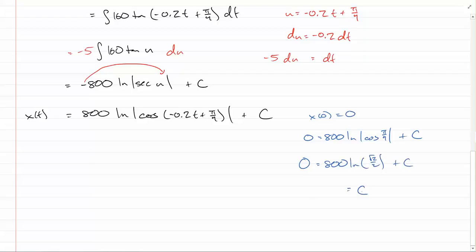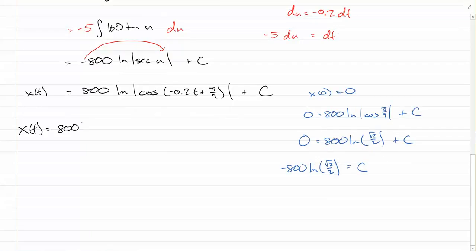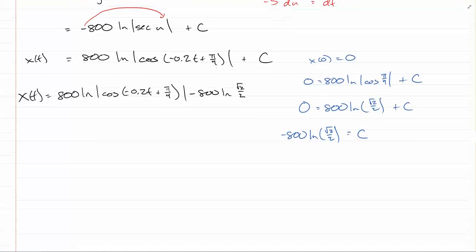So that means the constant must be negative 800 natural log of square root of 2 over 2. So you can plug that in. Here's my position function. x of t is 800 natural log of cosine of negative 0.2t plus pi over 4, minus 800 natural log of square root of 2 over 2. That's the height function.